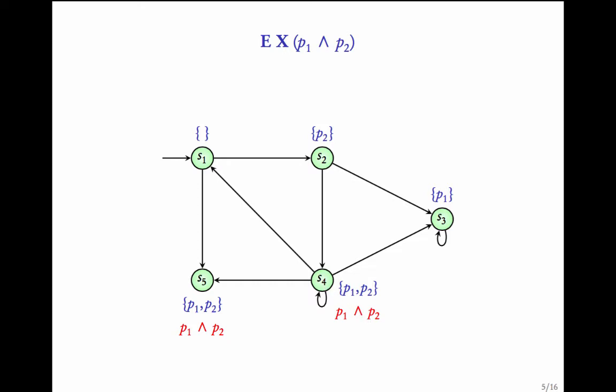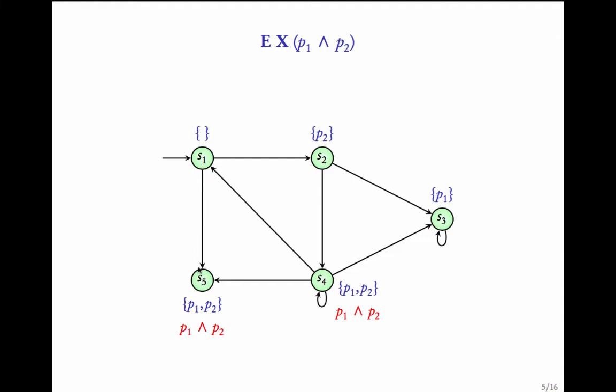Once you do this, to check the states where EX P1 and P2 is true, look at the states which have a transition to a state labeled with P1 and P2. Look at S1.